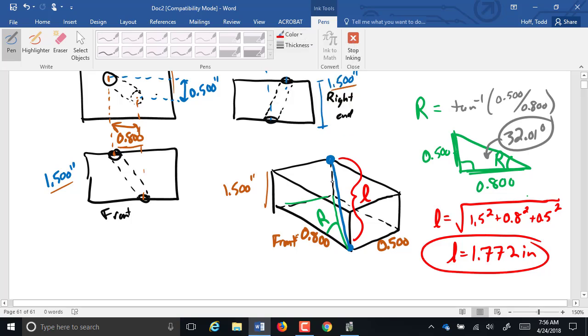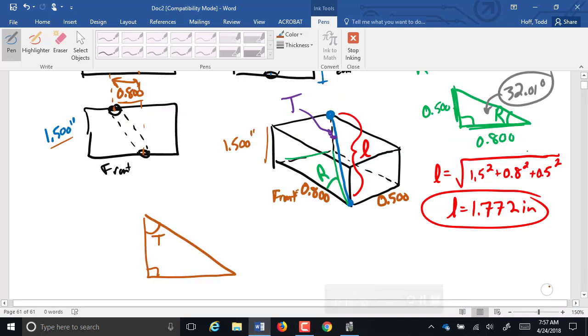The last thing I'm going to ask you to find then, this angle right in here, that angle of tilt. I'll give you a minute. So in this triangle where that's T, what do we know? Well, we know this dimension here is given as 1.5. What else do we know? Perfect. That hypotenuse is L, we just found to be 1.772.